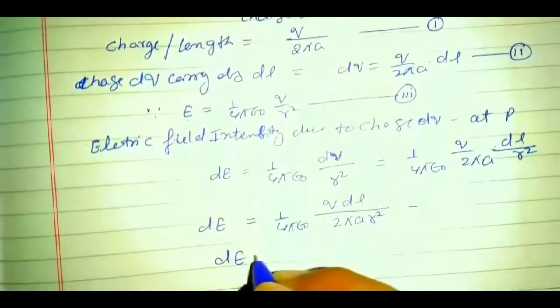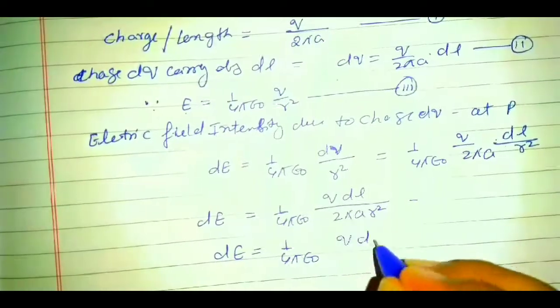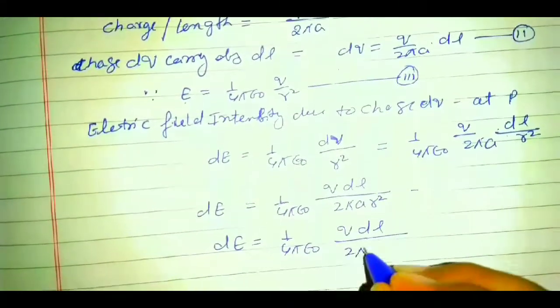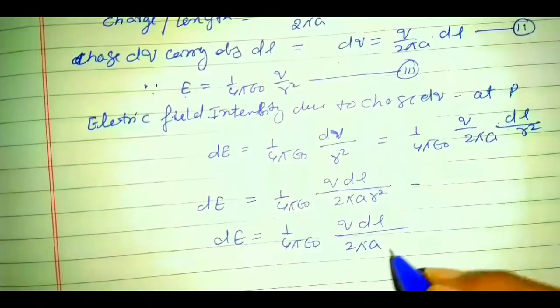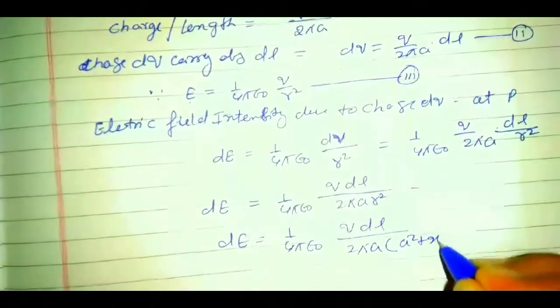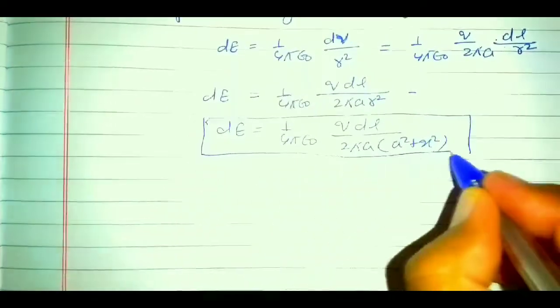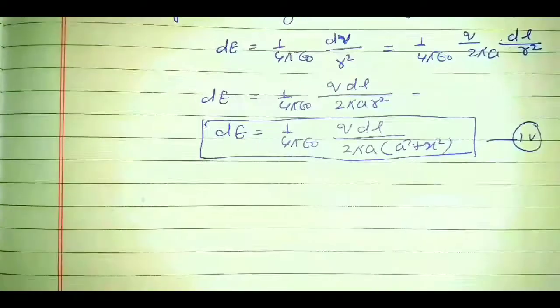So by keeping this value, dE can be written as 1 upon 4 pi epsilon 0 Q dl by 2 pi A, and in place of R square, we write A square plus X square. See carefully, this is equation number 4.